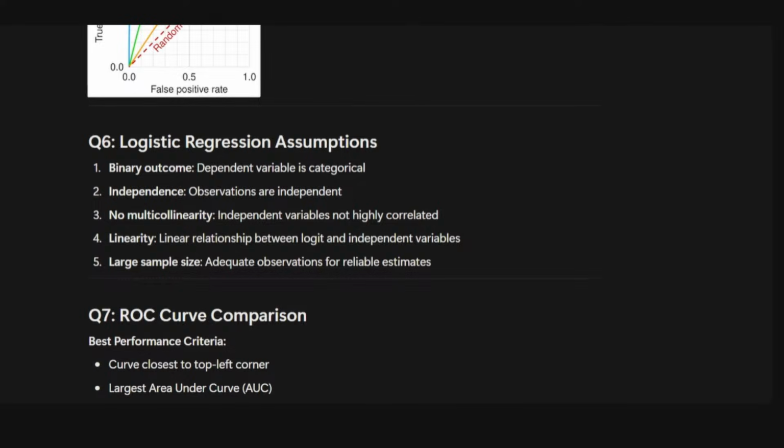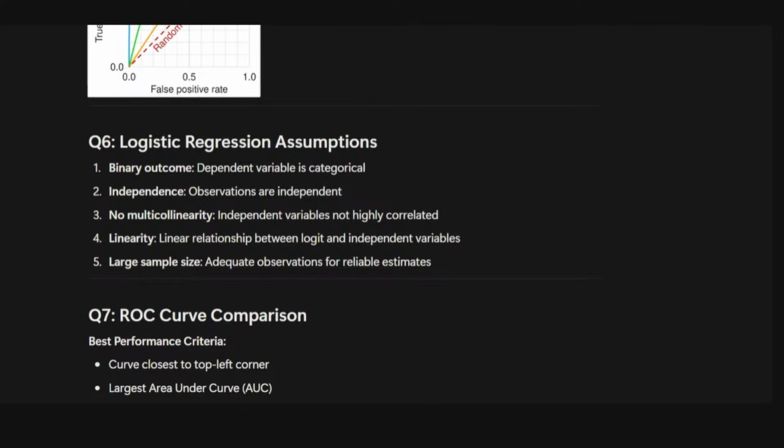For logistic regression, you just need to ensure that you have your binary outcome. That is, it should be either zeros or ones, and your dependent variable is in categorical format. Independence means your observations need to be independent of each other, and there should be no multicollinearity present. So none of your independent variables should be highly correlated with each other.